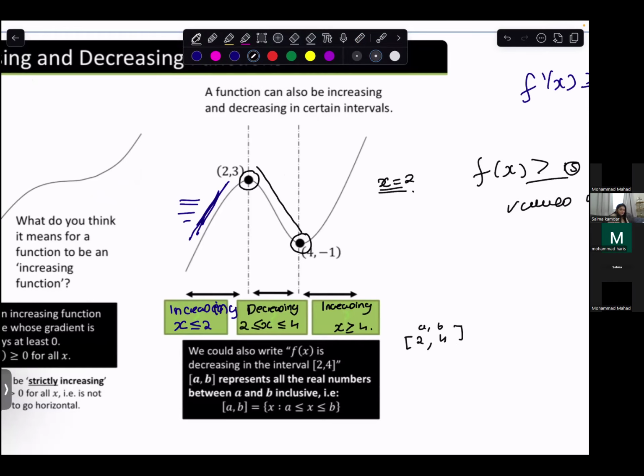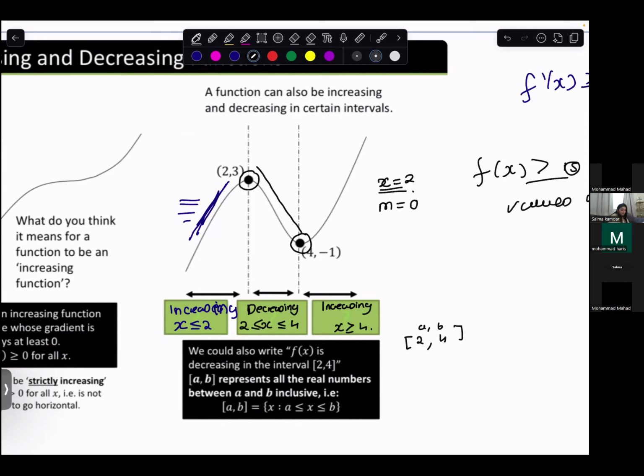Okay, so it's decreasing after 2. So at 2, I'm talking about x equal to 2. What is happening? It's the turning point, right? So at x equal to 2, I would say my gradient is 0.